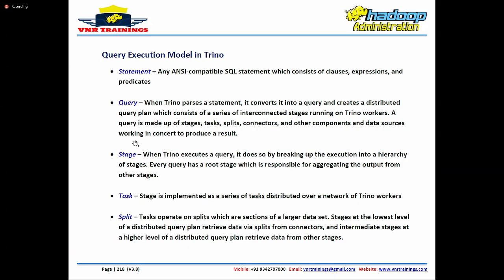A query is made up of stages, those stages are further given to tasks, then to splits, and connectors and other components and data sources work in concert to produce a result.